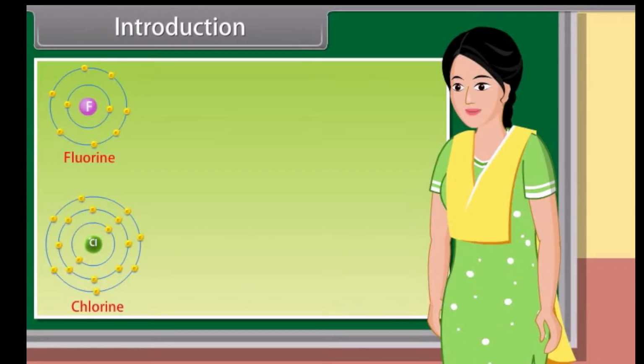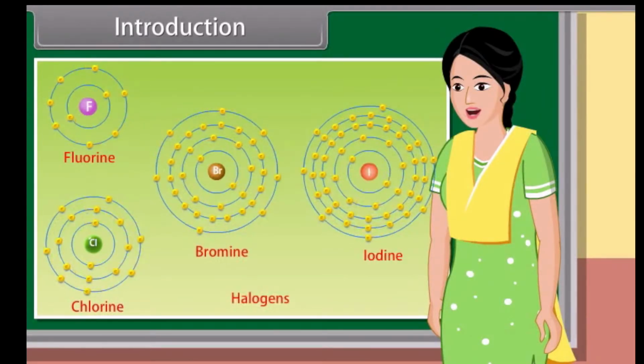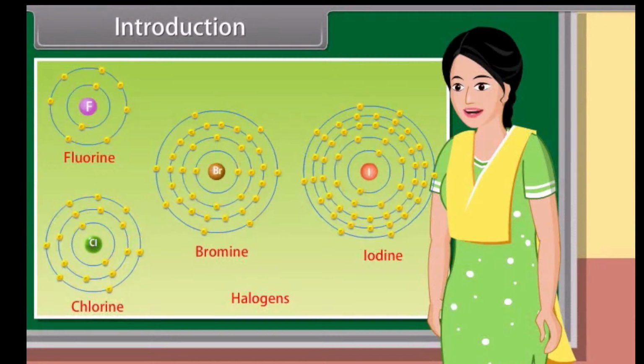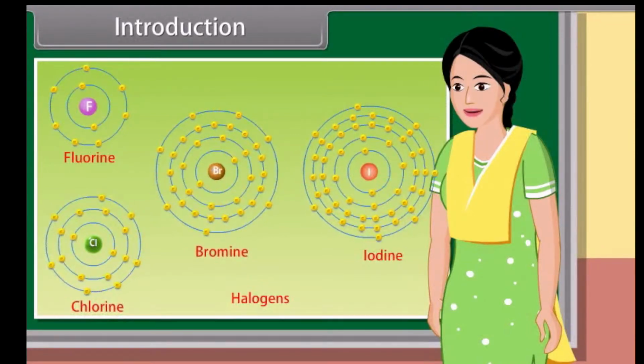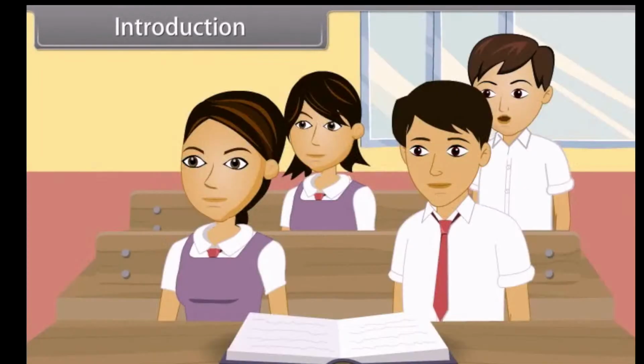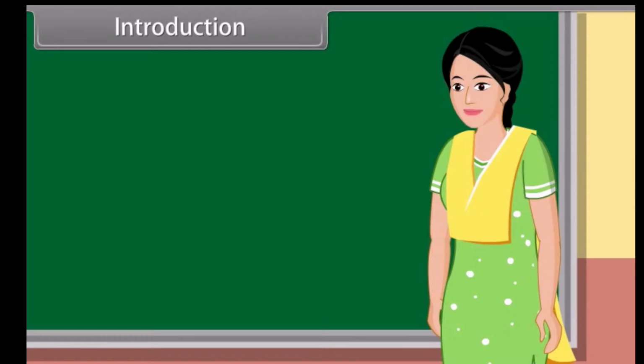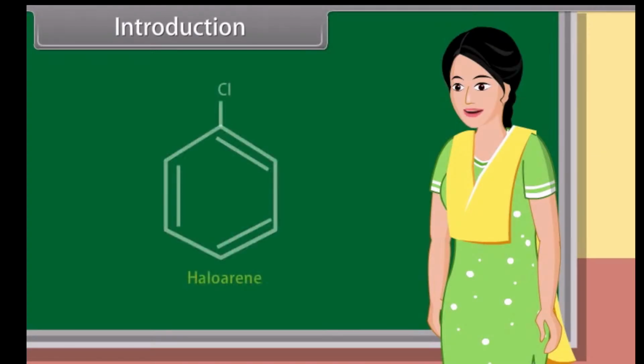Halogens are the reactive nonmetals having 7 valence electrons. So now, can anybody tell me what haloarenes are? Yes, ma'am. Haloarenes are the molecules in which halogen atoms are bonded with carbon atoms that are a part of an aryl ring. Very good, Rohit. In this lesson, we learn more about haloalkanes and haloarenes.